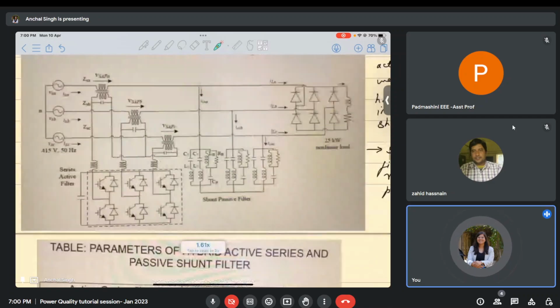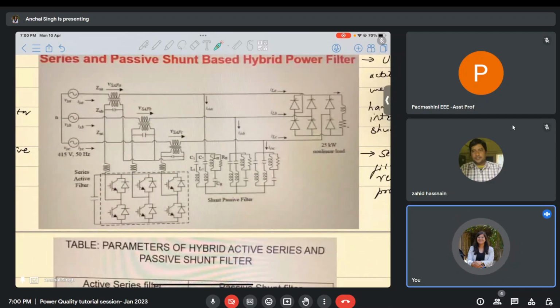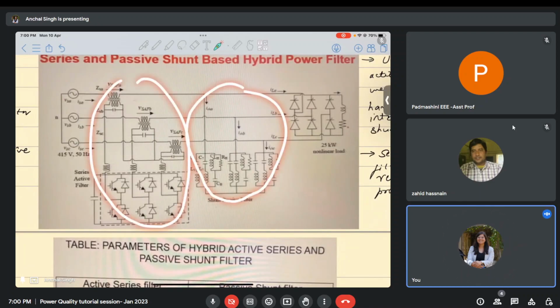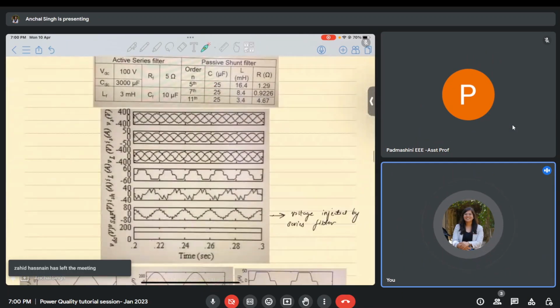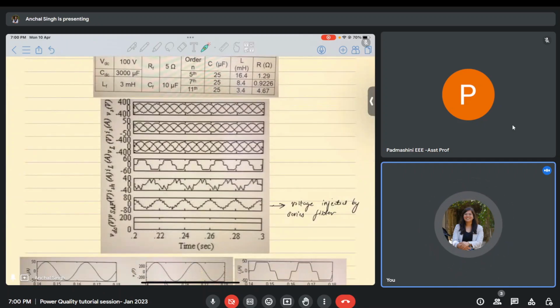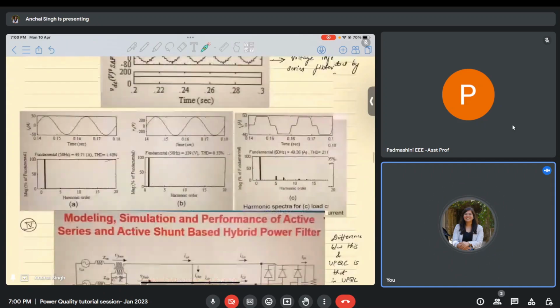Similarly, if you look at another topology, this is again a passive shunt filter along with a series active filter. This time the series active filter is connected in series with the source instead of the parallel branch. In this case, again the currents are beautifully balanced and sinusoidal in nature.